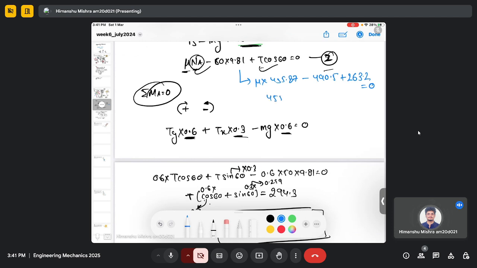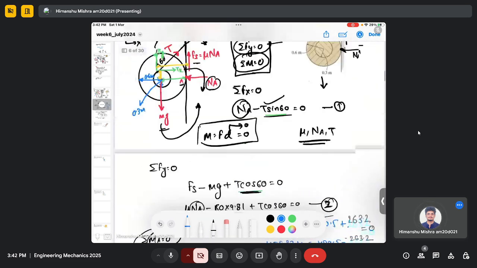So 455.87 mu equals 490.5 minus 263.2. So my mu will be 227.3 divided by 455.87. So this mu will be around 0.5. So this is my mu.